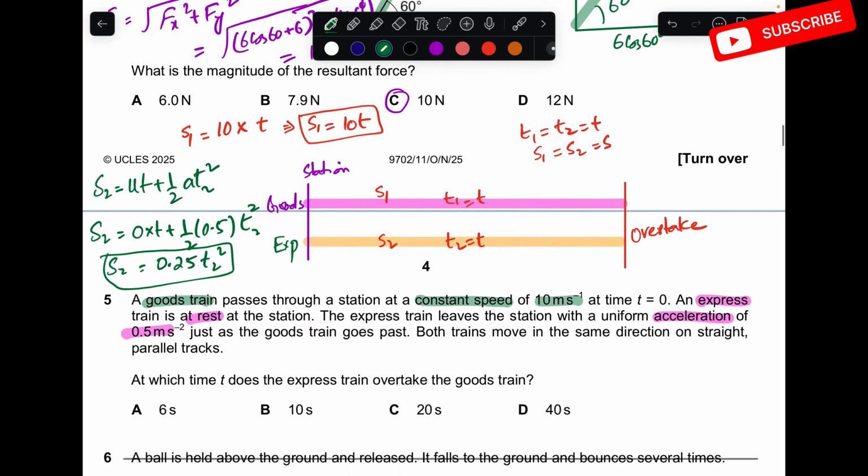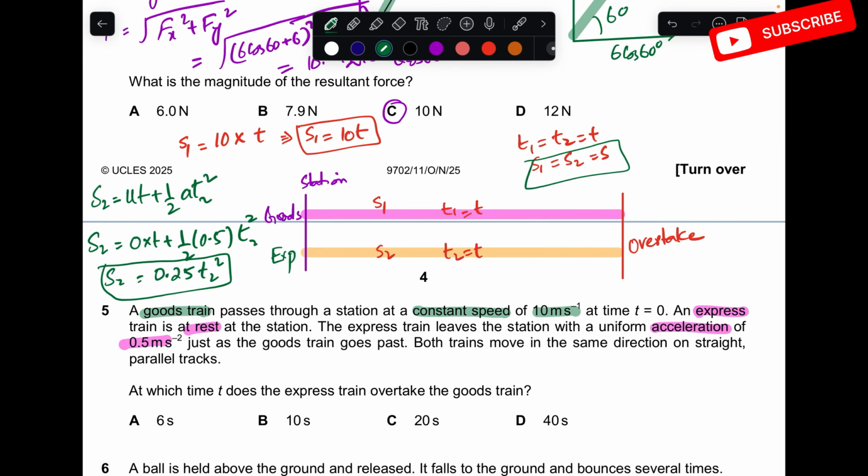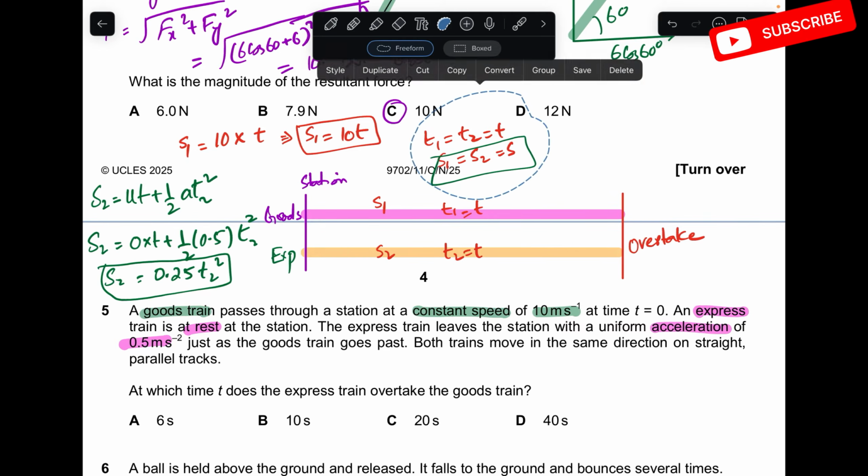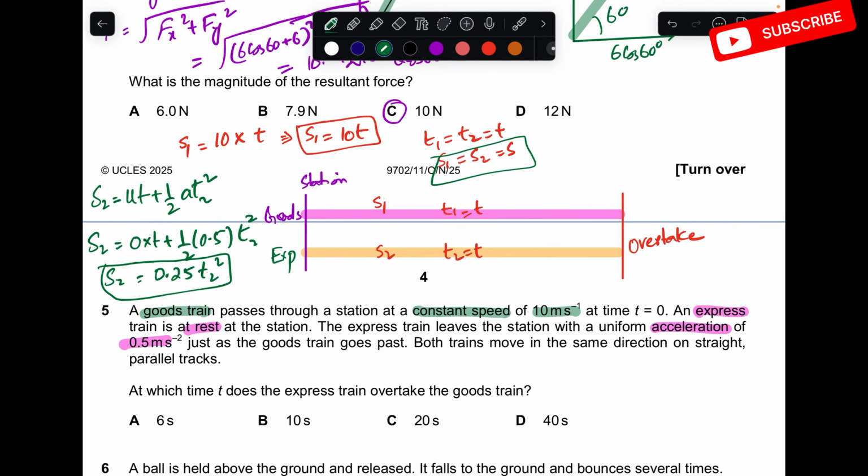So what we can do is use this. We know s1 is equal to s2. s1 was 10t and s2 is 0.25 t2 squared. Since t1 equals t2, this can simply be called t.